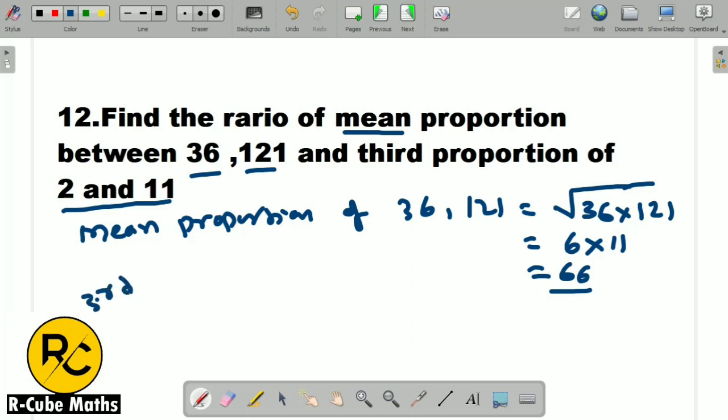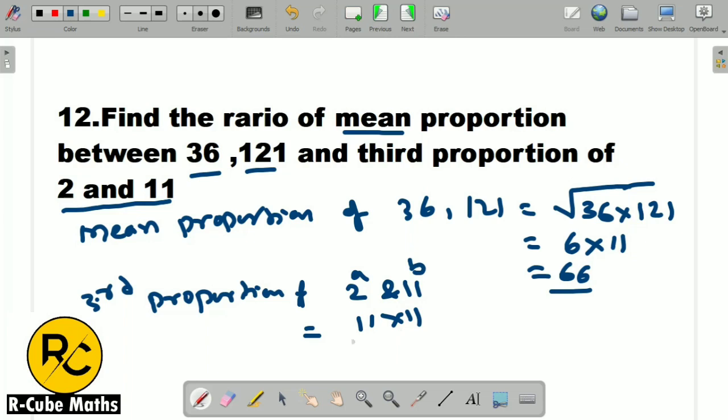Now the third proportion of 2 and 11. Let them be a and b. So the third proportion is 11 square, 11 into 11 divided by 2.